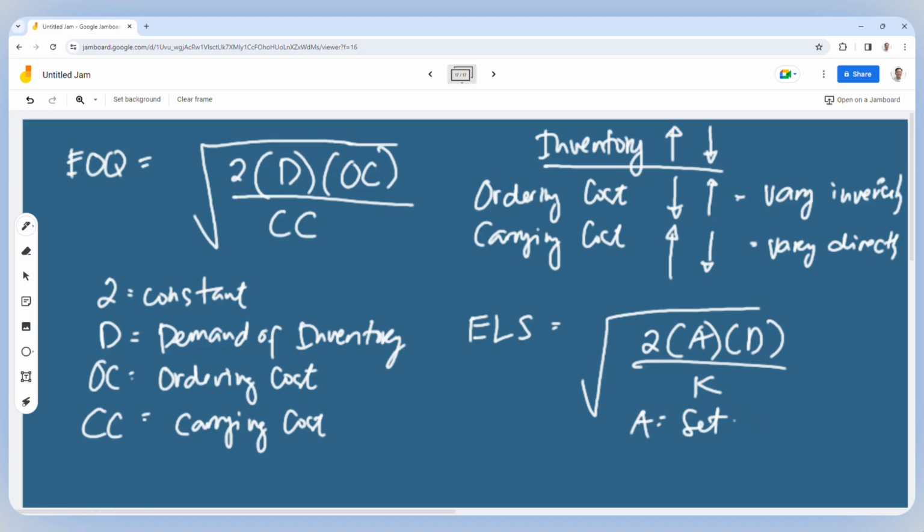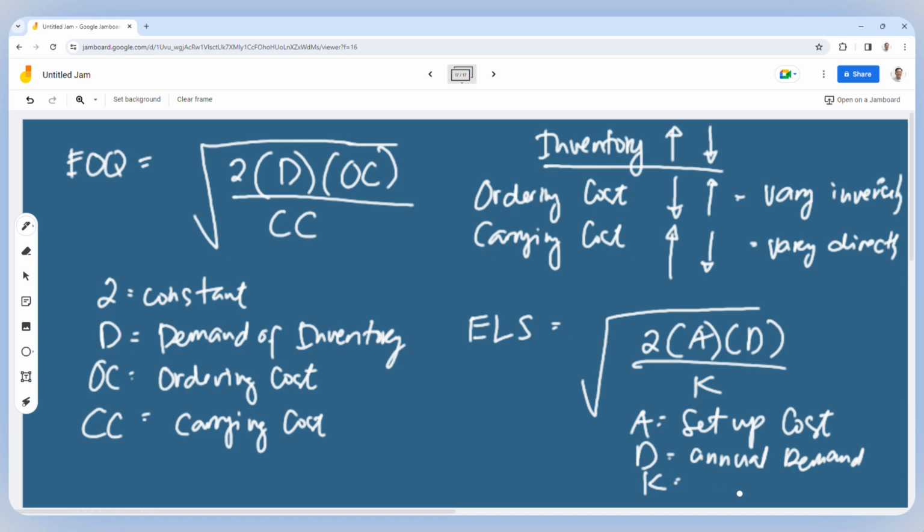That would be your setup cost. Economic lot size, economic order quantity ha. Ano naman yung D? That would be your annual demand, or annual production requirement.